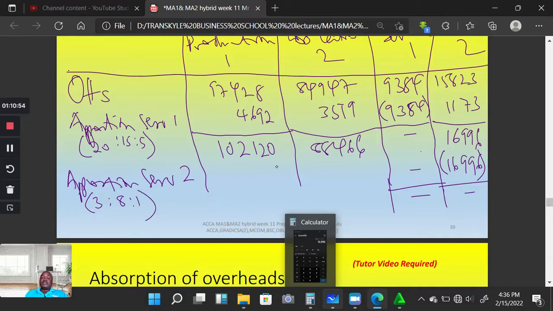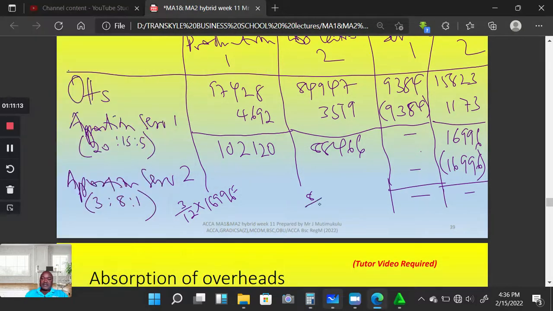So the figure here is going to be 3 over 12 multiplied by 16,996, and here 8 over 12 multiplied by 16,996. Then there is no other.